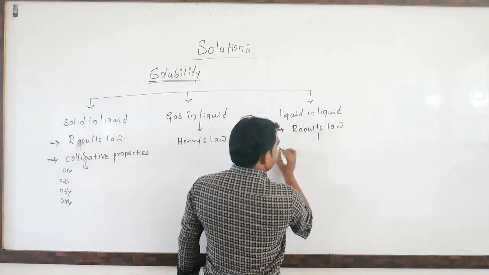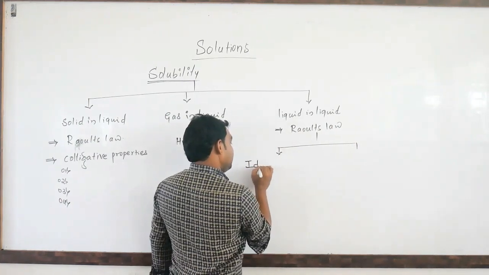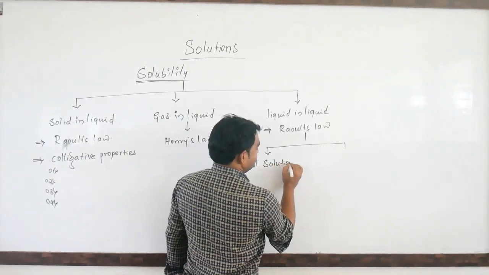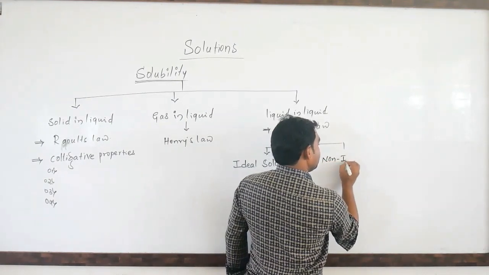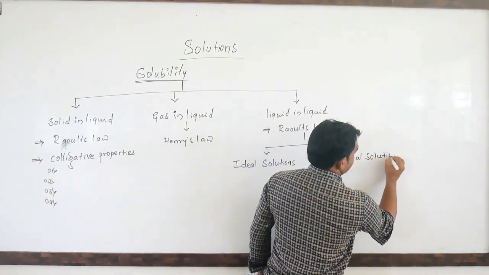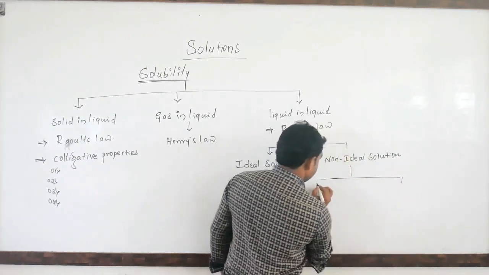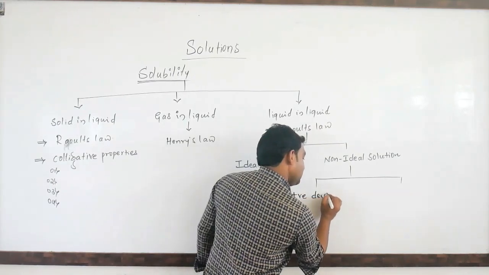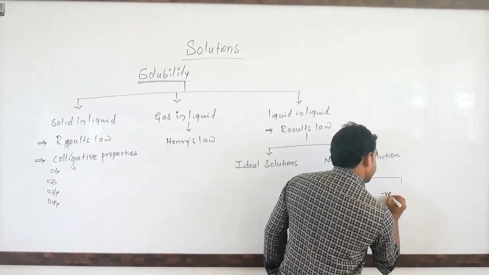So there are 2 types of solutions: one is ideal solutions, and the other is non-ideal solutions. Non-ideal solutions show 2 types of deviations: one is the positive deviation, and the second is the negative deviation.